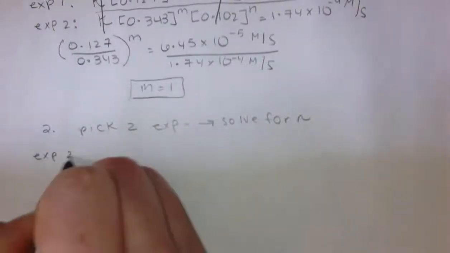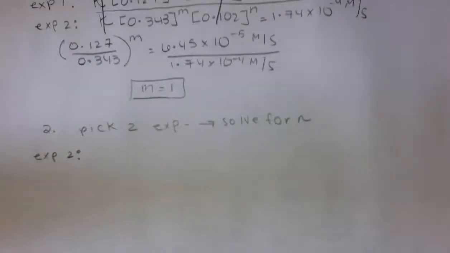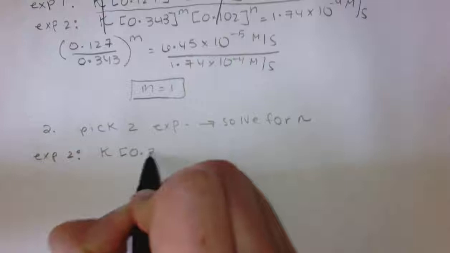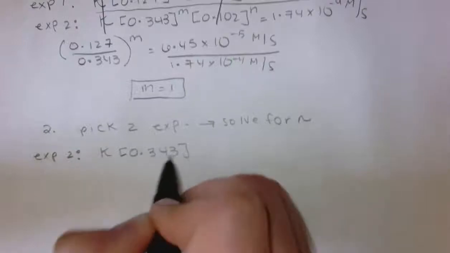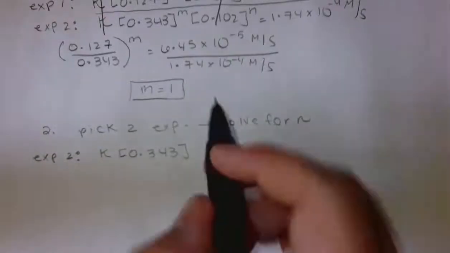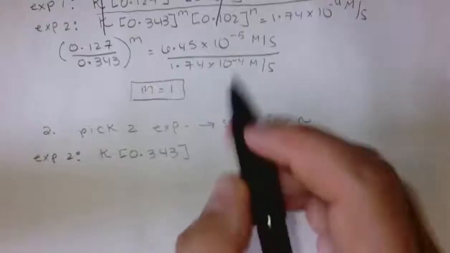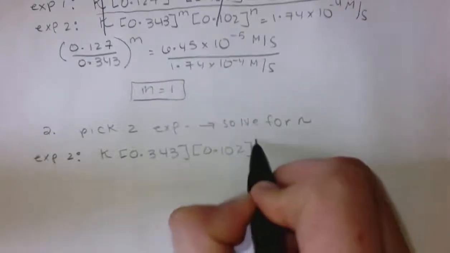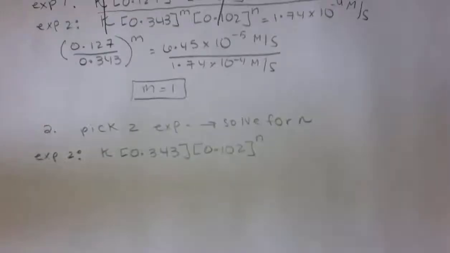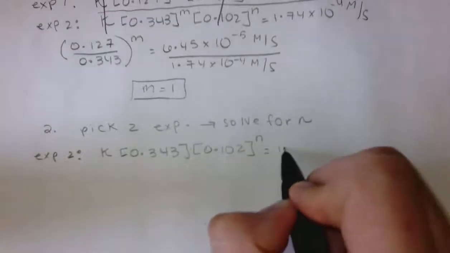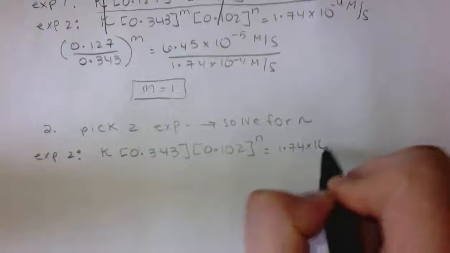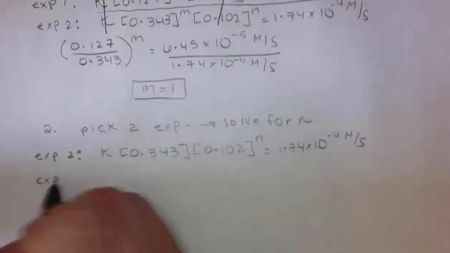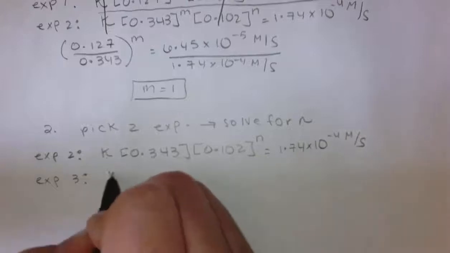So for experiment 2, I will write out the equation. We have K times our concentration of A raised to m, and we found what m is, so this is just raised to 1, times our concentration of B raised to the n, and we're given our rate. And we can do the same thing for experiment 3.